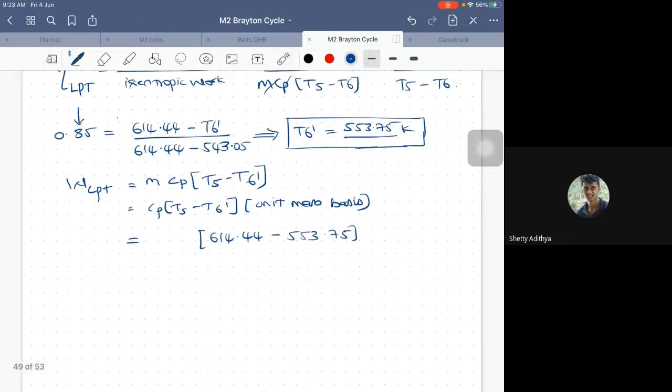So it is 1.15 into this, and whatever value I get, that would be in kilojoules per kg.